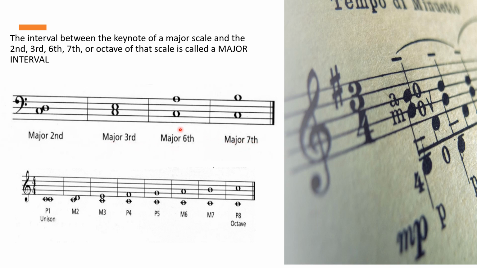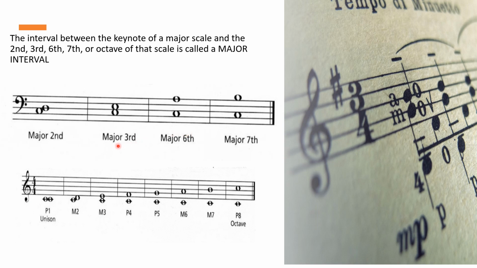So just have it at the back of your mind that the first, which is the unison, is perfect. Fourth is perfect fourth. You have perfect fifth, and you have perfect octave. While on the other hand, you have major second, major third, major sixth, major seventh.